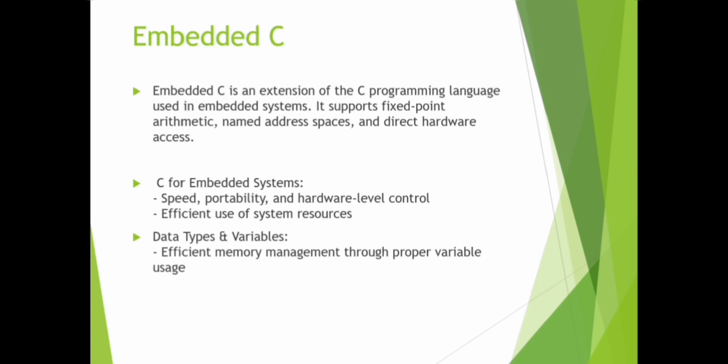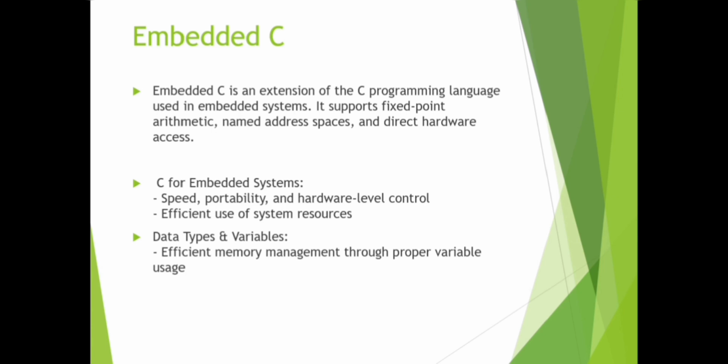Now embedded C. Embedded C is an extension of the C programming language used in embedded systems. It supports fixed point arithmetic, named address spaces and direct hardware access. In order to make the microcontroller do something, we need to program it.